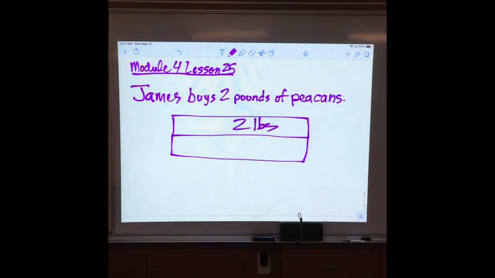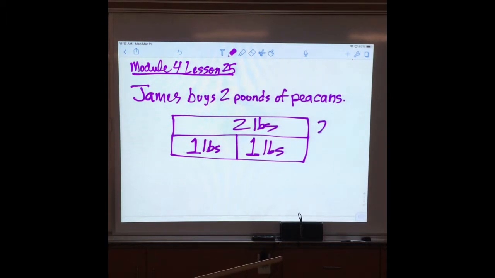All right. Well, let's see if we can get rid of that. Let's say he's going to put 1 pound in each bag. Well, what shall we cut it up by? Half. So, we have 1 pound here. I'll make that look like a 1. And we get a pound here, is that correct?